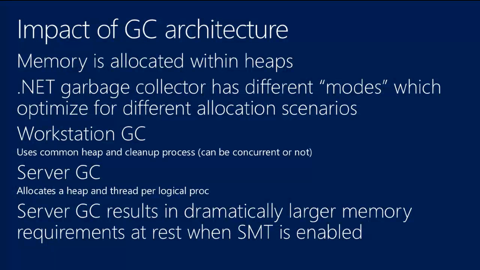Because it looks at logical CPUs, if I turn hyperthreading on, it's now going to allocate 32 sets of heaps. That means that if I compare the memory utilization at start, before these processes have done anything, no workload, no nothing, I'm effectively going to double-ish my memory utilization by having hyperthreading turned on.